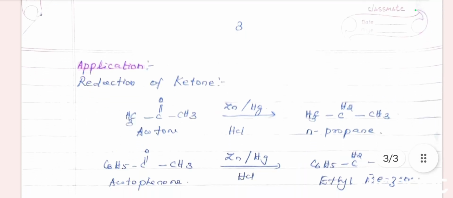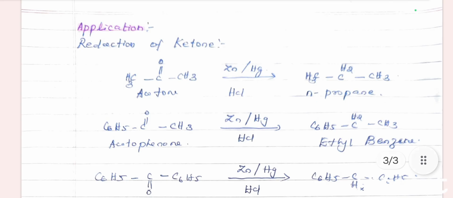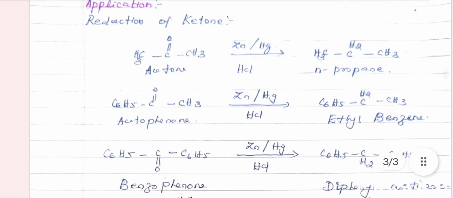Now we go for applications of this Clemmensen reduction. It is usually a reduction of ketones. Here I have taken acetone and acetophenone. Acetone has two symmetrical alkyl groups on both sides of the ketone moiety. When it goes for Clemmensen reduction, it gives the corresponding propane.